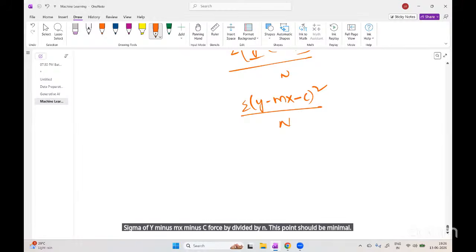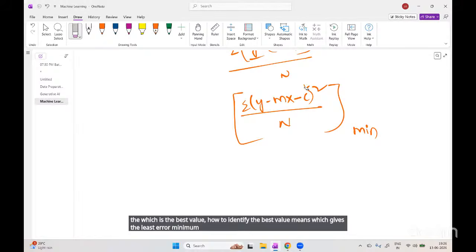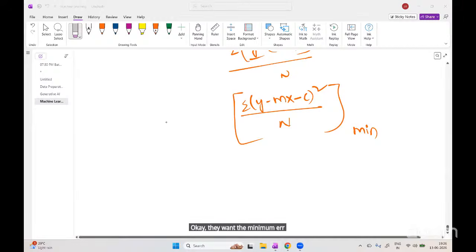Now, out of infinite values of m and infinite values of c, you have to identify the best value. How to identify the best value? The one which gives the least error, minimum. So they apply the minimum to this equation, because they want the minimum error for this equation.